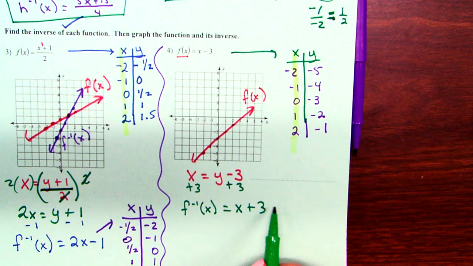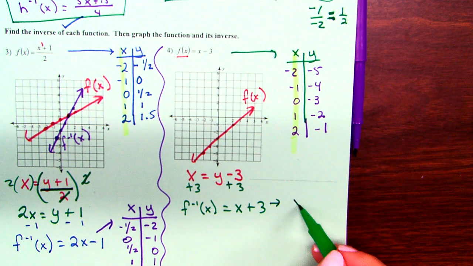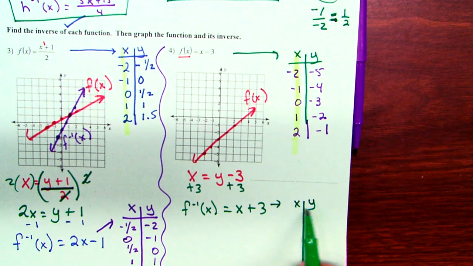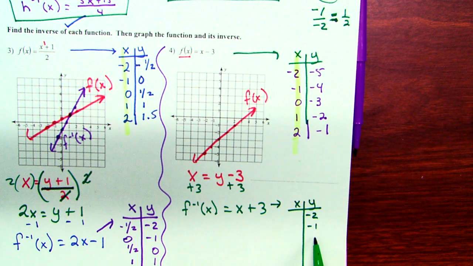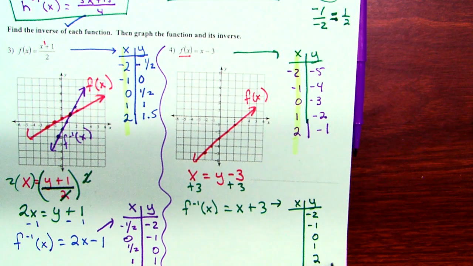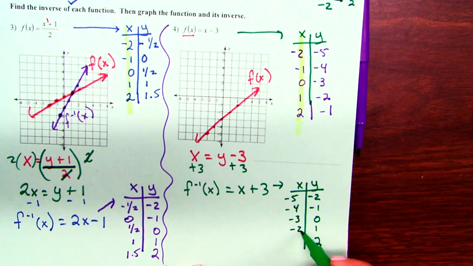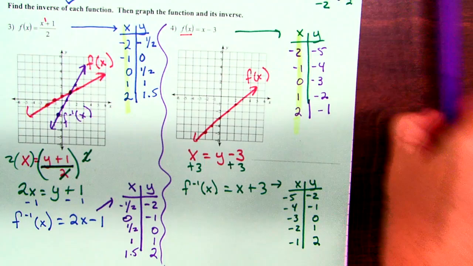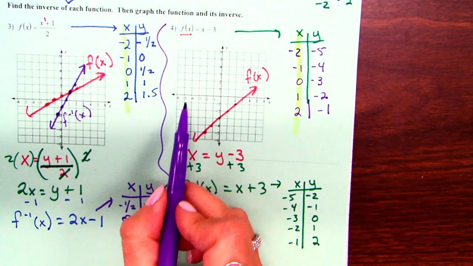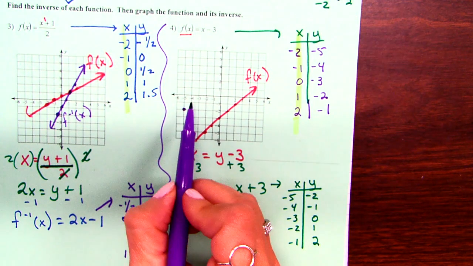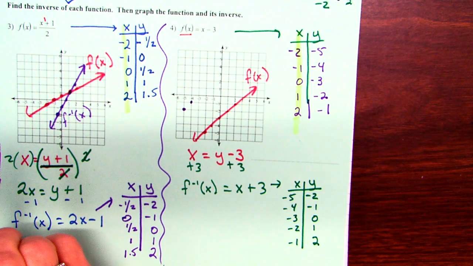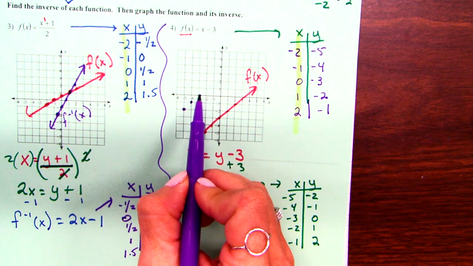If I flip it and graph them, left 5, 2. Did you ask me a question?